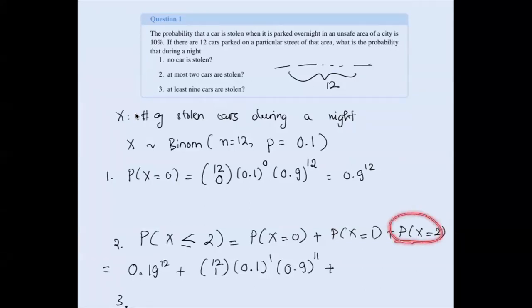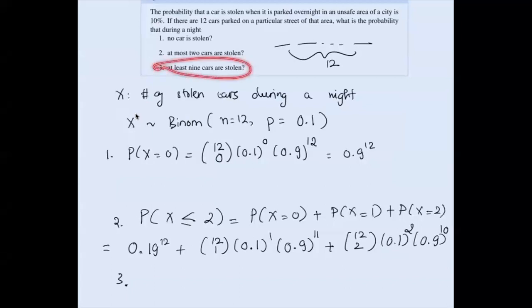Similarly, I want exactly 2 cars to be stolen. Out of 12 cars, I choose 2 to be stolen, and the probability of getting stolen applies to 2 cars, and not stolen applies to the remaining 10 cars. And if you punch it in your calculator, you will get the final answer.